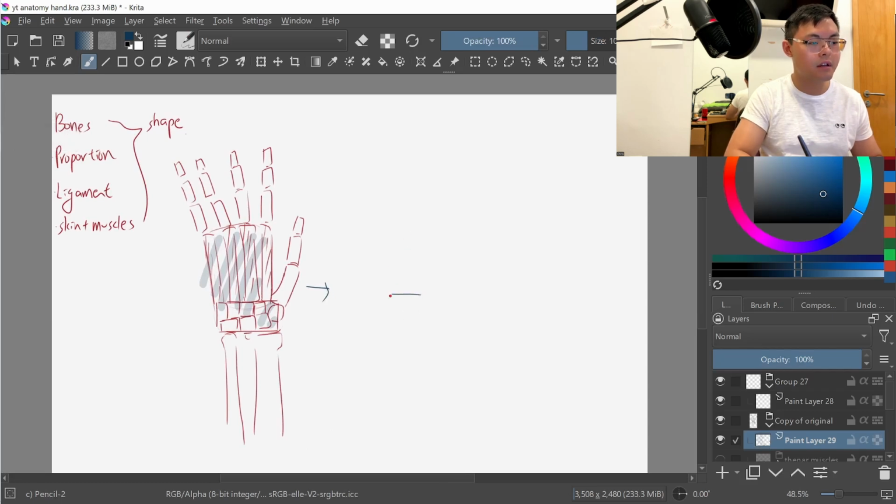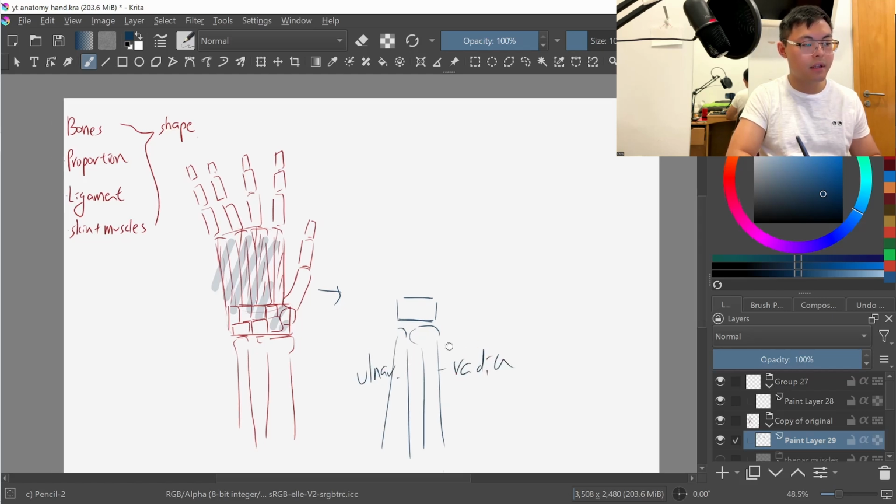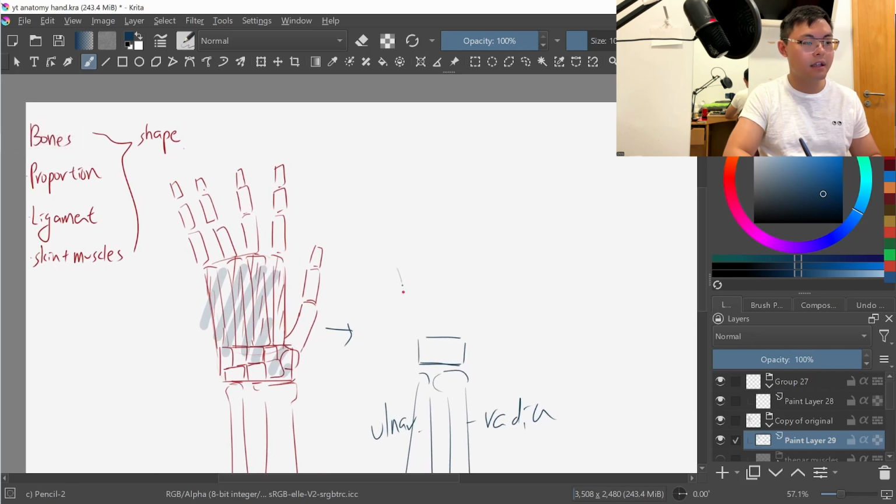That's the carpal bones, the eight carpal bones. That's the big bone, the radial, and the tiny bone, the ulnar.